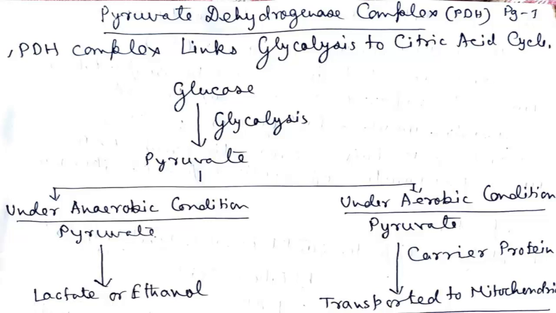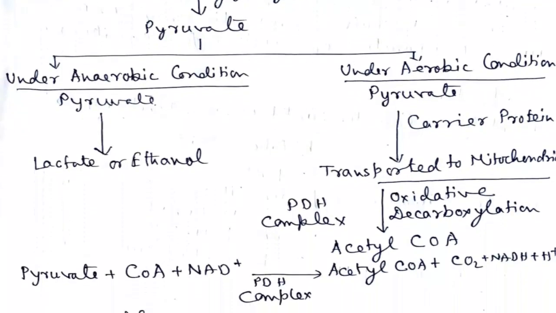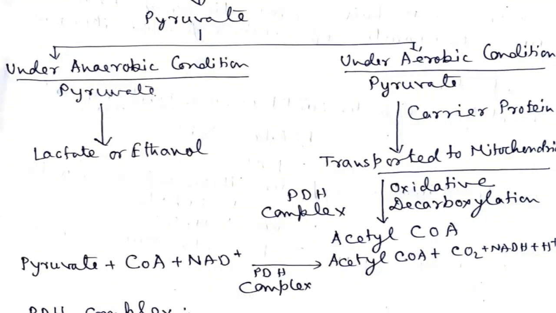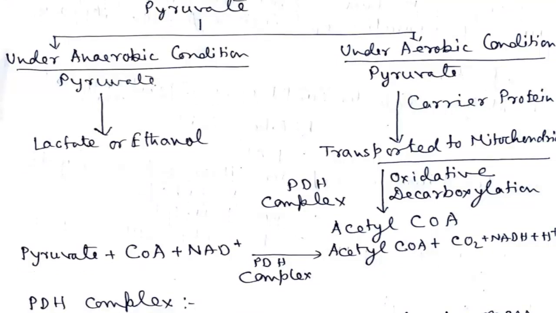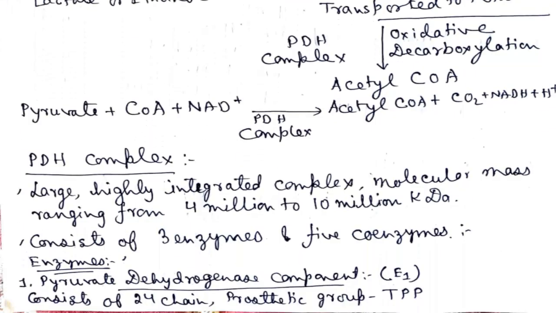In anaerobic conditions, pyruvate may be converted to lactate or ethanol, and under aerobic conditions this pyruvate is carried to mitochondria from cytosol via a carrier protein, and after that this pyruvate undergoes oxidative decarboxylation in the presence of pyruvate dehydrogenase complex to form acetyl CoA.